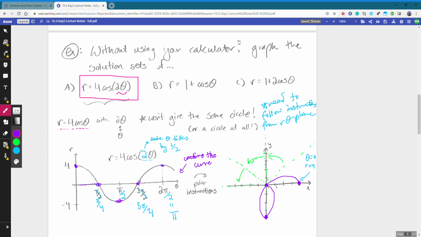And so if we follow those instructions as our arrow twists over to pi, we want to come out more and more in that positive direction, and that'll give us something like this until we get to the point corresponding to our last anchor point there at pi for theta, and r is 4.